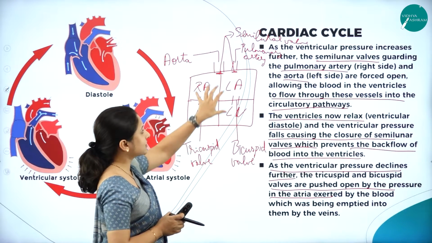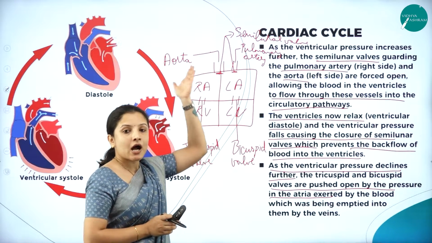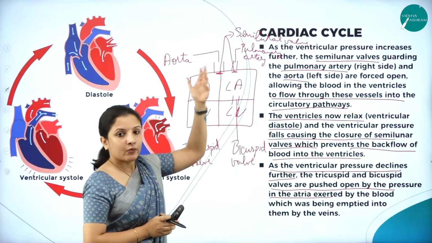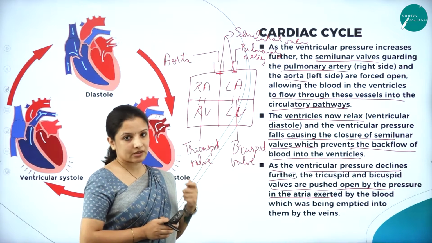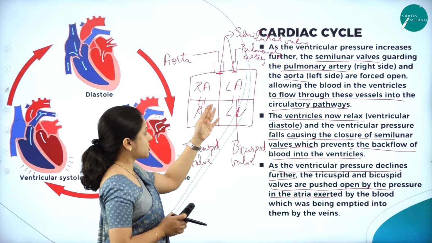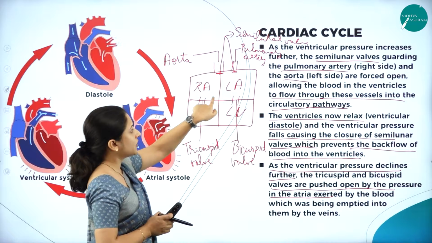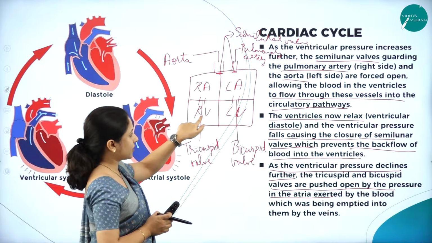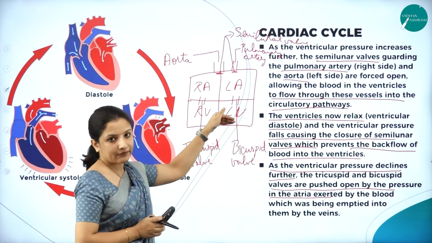So now the contraction of the atria will occur. What are the atria? They are the upper two chambers of the heart. When the contraction of the atria occurs, pressure gets built up in the atria. That pressure will open the tricuspid valve between the right atrium and the right ventricle, and the bicuspid valve between the left atrium and the left ventricle.